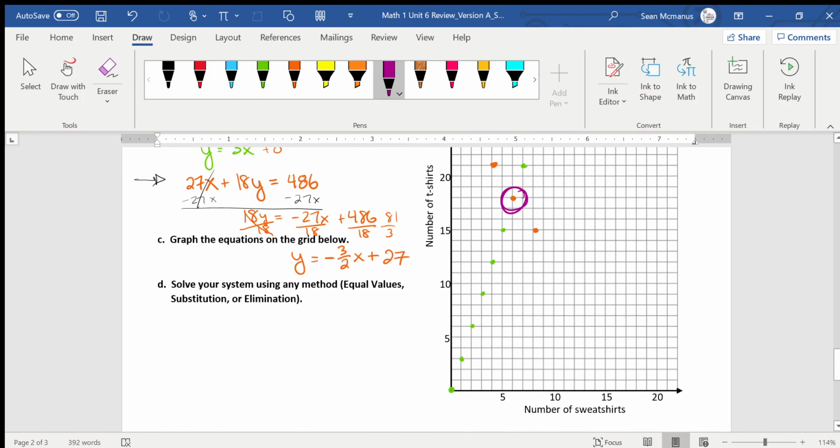So that's going to tell me the solution right there, which, it's a little bit difficult to see. All right, so the x is 6 and the y is 15, 16, 17, 18. So my solution is 6, 18.